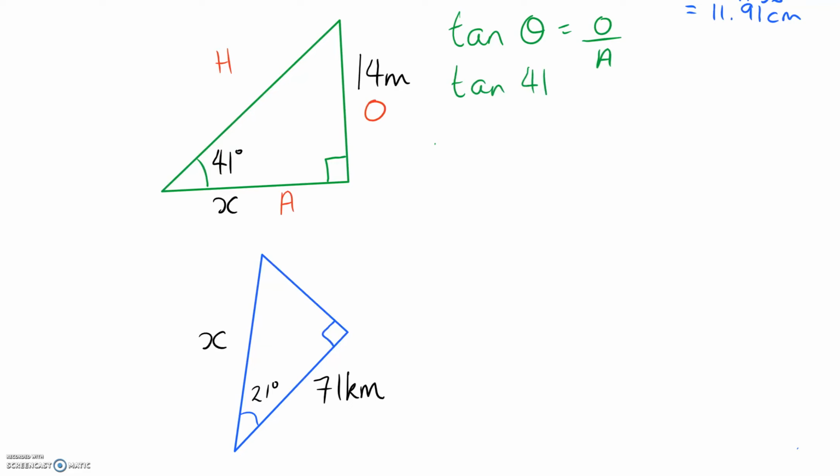Tan 41 from here is 14 divided by x, and we've got an x on the bottom again. This time we're just going to swap them straight around, and I'm putting arrows there to help you see what I'm doing. So I'm going to move x onto that side, 14 divided by tan 41 on this side. This is what you put into your calculator, and you'll end up with 16.11, and this time it's in meters.